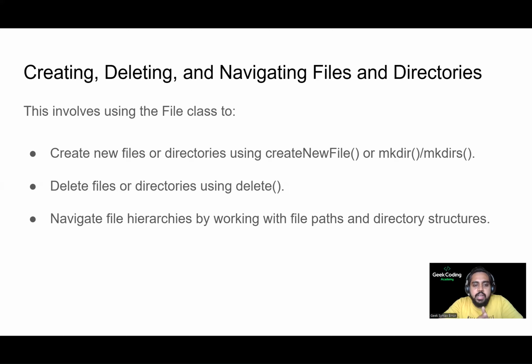Creating new files or directories is done using the createNewFile method, or mkdir, that is make directory, or mkdirs, make directories. For deleting files or directories we can directly use the delete method.